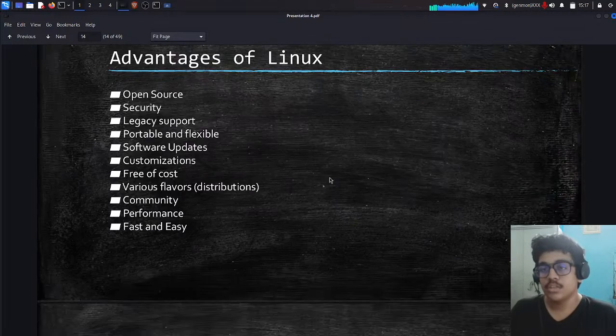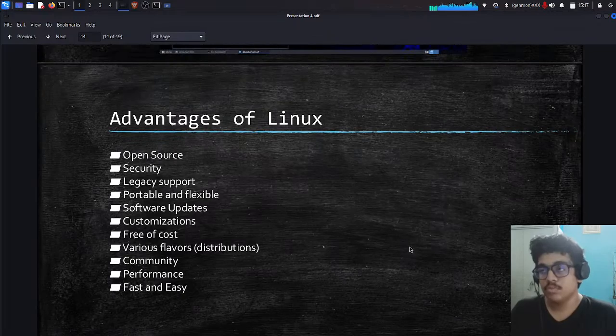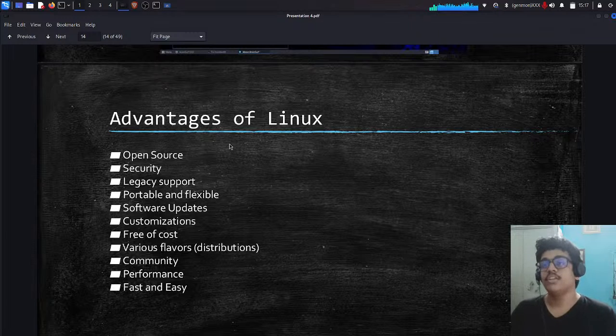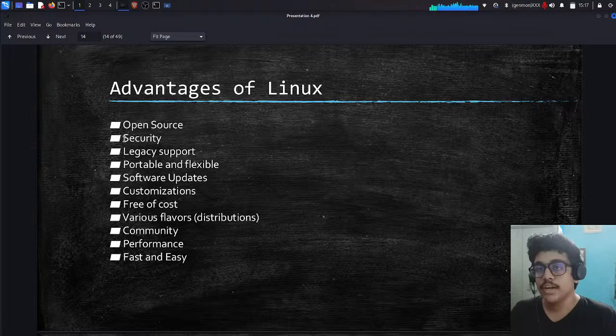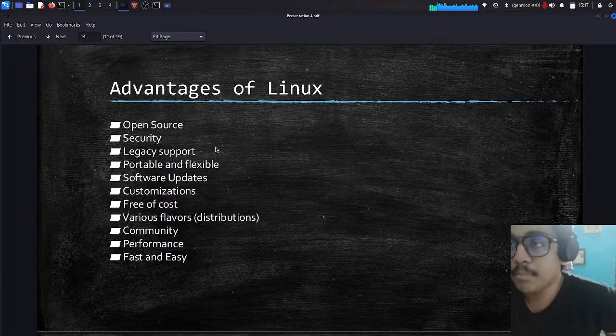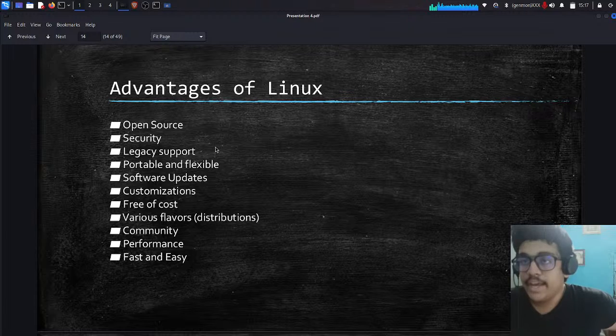Next is the advantages of Linux. Before using Linux, you should know why you are using it. It is open source and freely available; anyone can download it. It is highly secure, more than Windows and more than Mac. It has legacy support and 24/7 support; you can write them a mail if you have any error in your operating system.